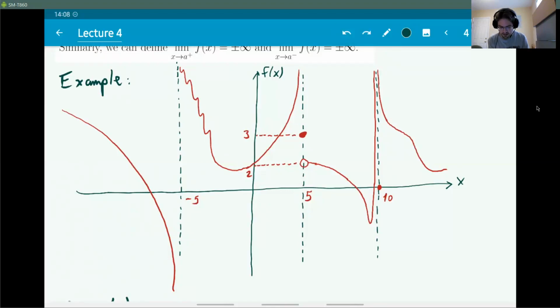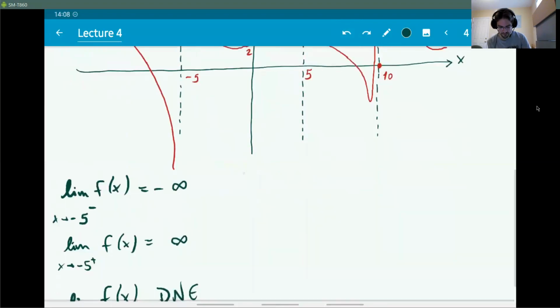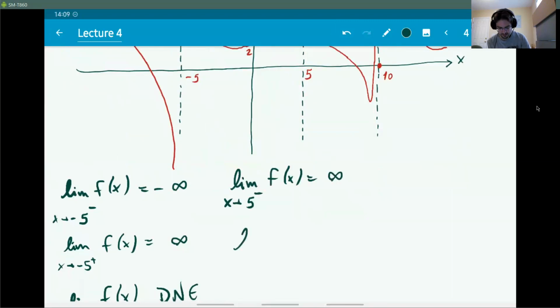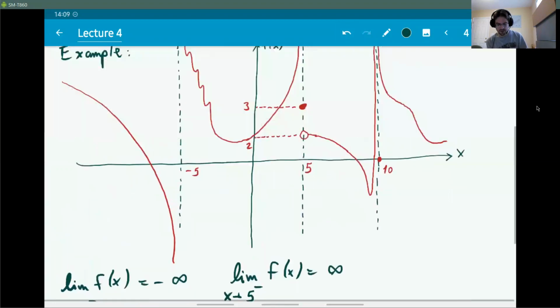What's happening here, again, if you are approaching 5 from the left, look up to see where the graph is. The graph is just exploding up. So we're going to say that the left limit at 5 is plus infinity.